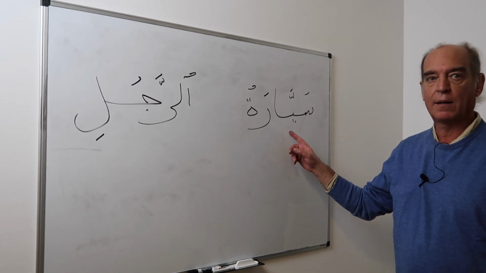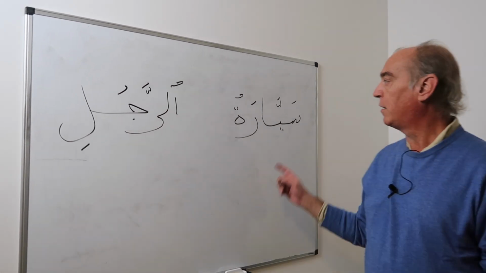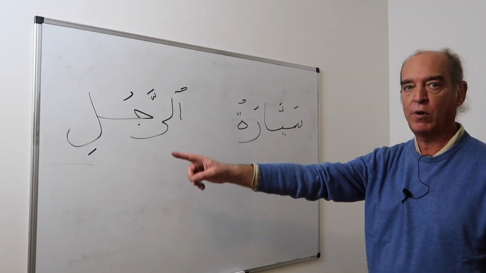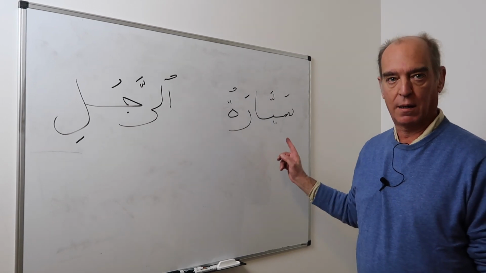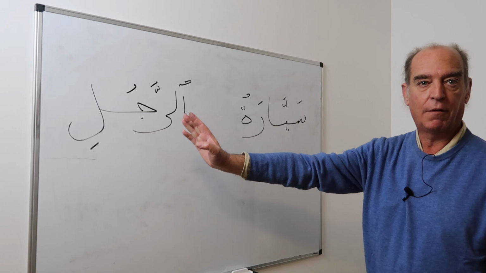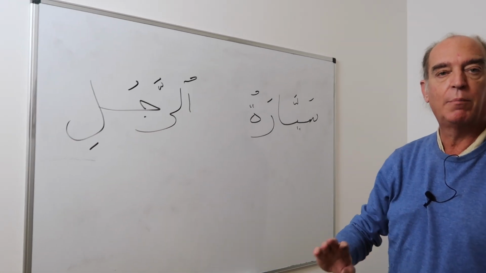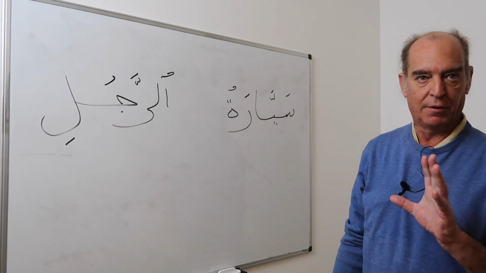Sayara is a car and rajul is a man. So sayaratul rajuli is the man's car. We said that first and second term of an idafa cannot be separated, but there is an exception.